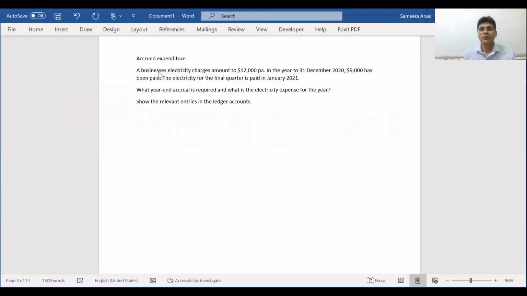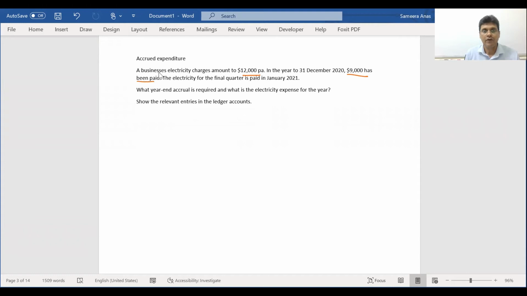Now let's move on to some of the questions relating to accrued expenses. A business's electricity charges amount to 12,000 per annum. In the year to 31st December 2020, $9,000 has been paid.